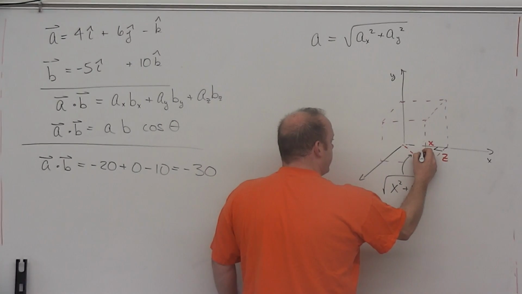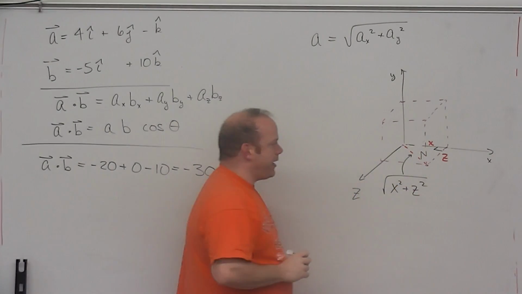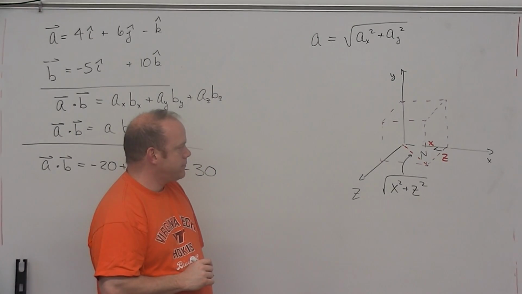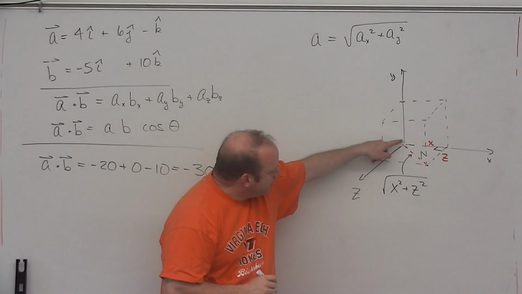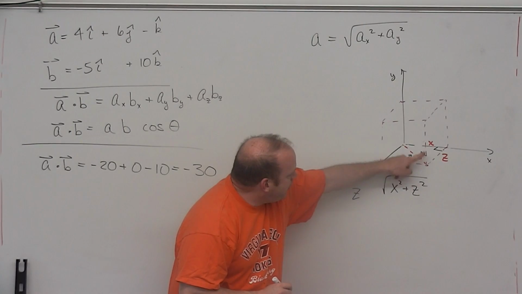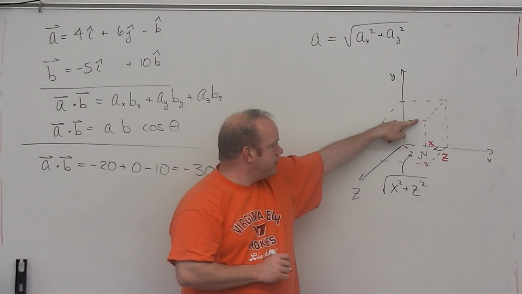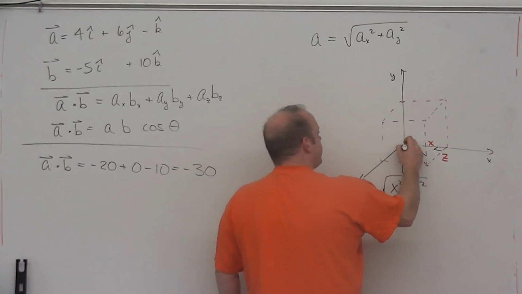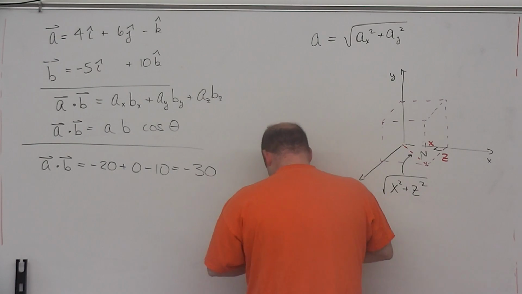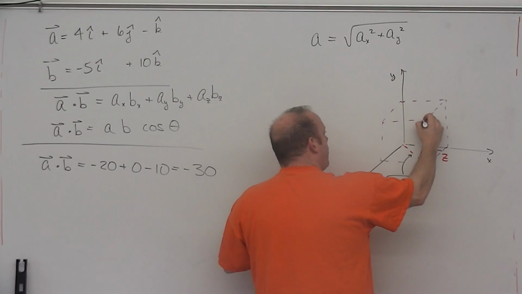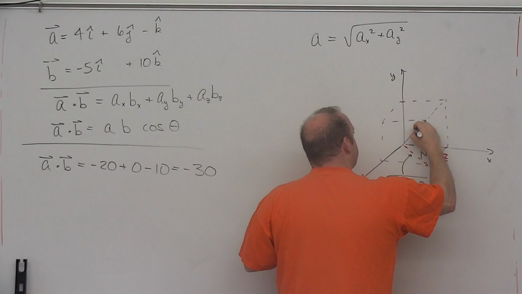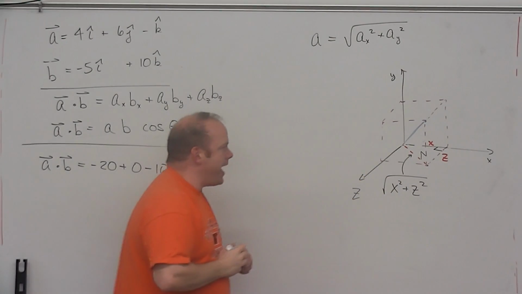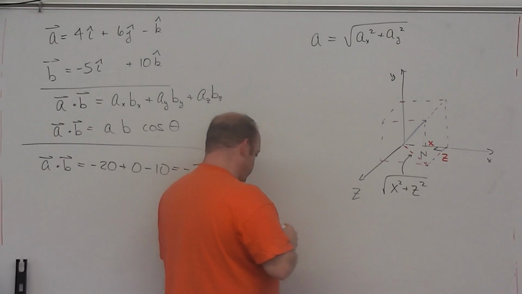I also have a right angle right here. That's a right angle. So this distance squared plus this distance squared will give me that.